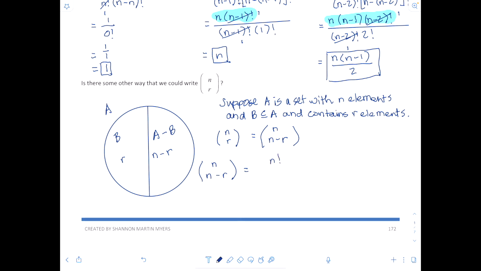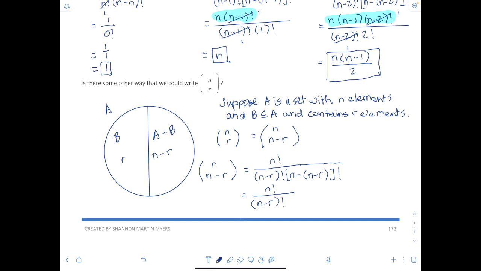This would be N factorial divided by N minus R factorial times N minus quantity N minus R, all of that factorial, which would give us N factorial over N minus R quantity factorial.